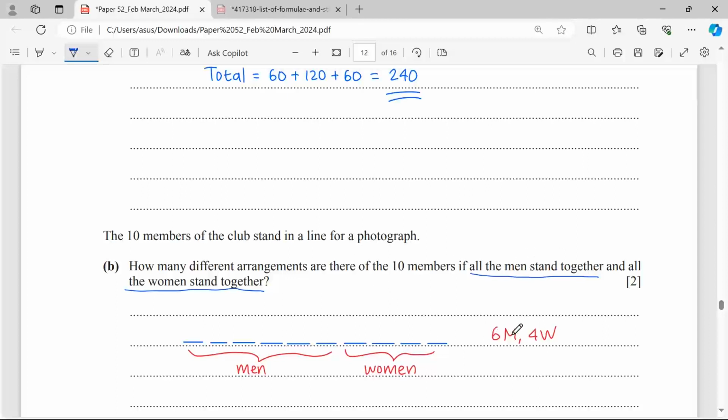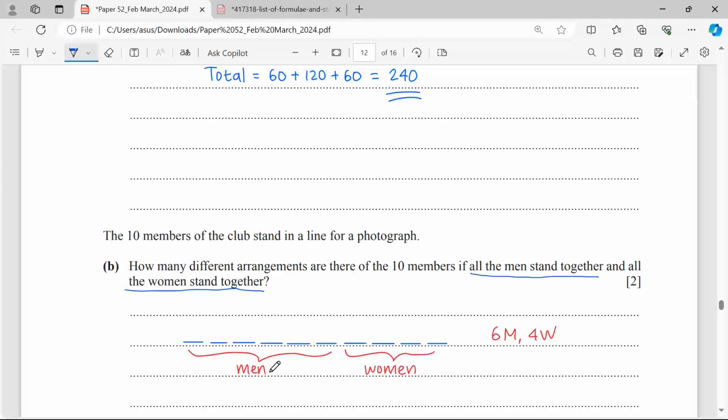And then we have 6 men, 4 women. That means we can assume that the first 6 places are for men and they must be together. Similarly, the last 4 places are for women and they must be together as well.